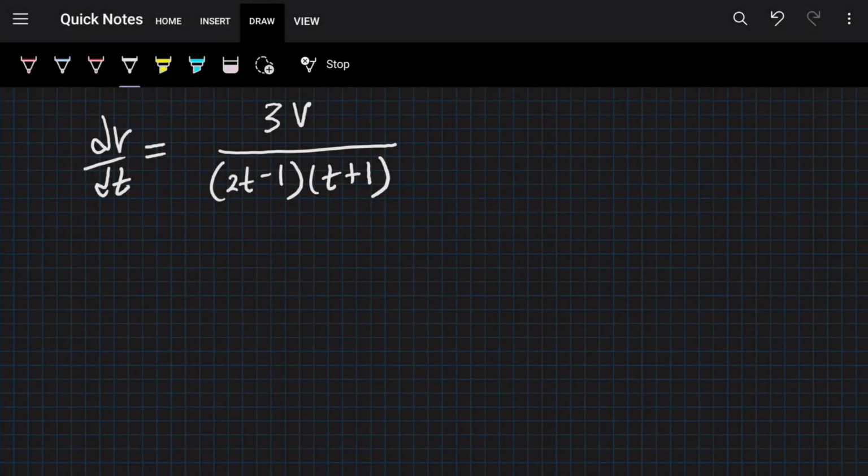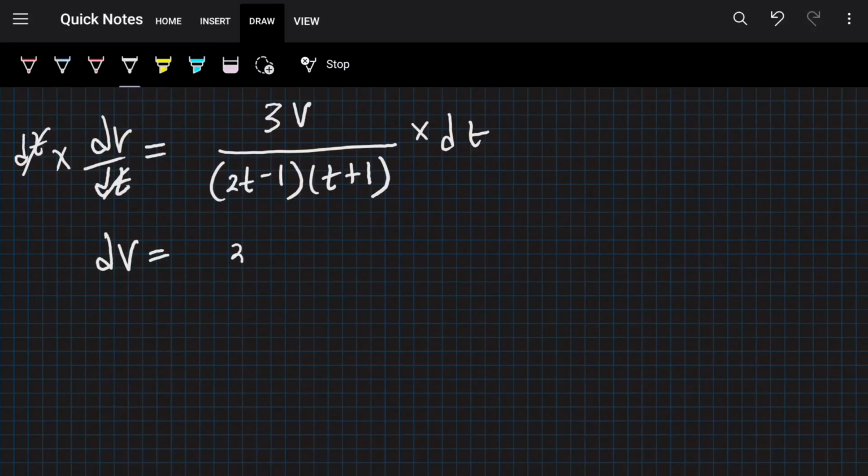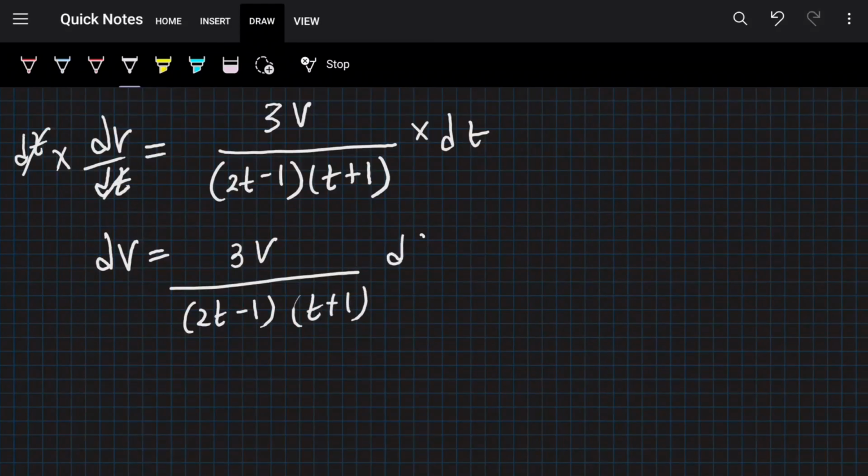First step, we multiply both sides by dt, so this cancels out, and we are left with dV equals 3V over (2t minus 1)(t plus 1) dt.